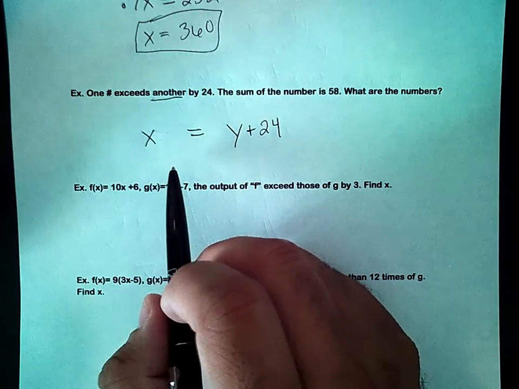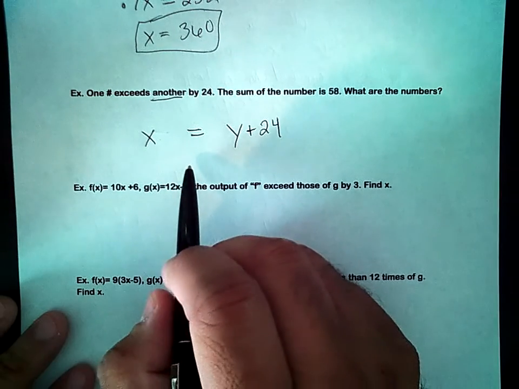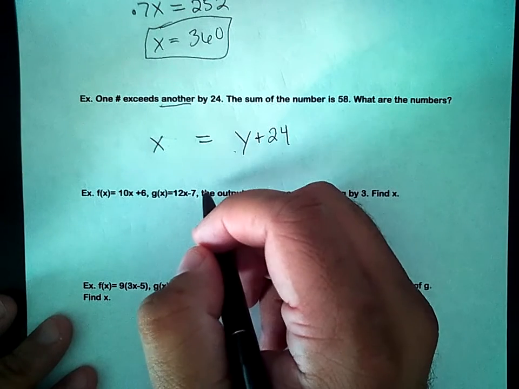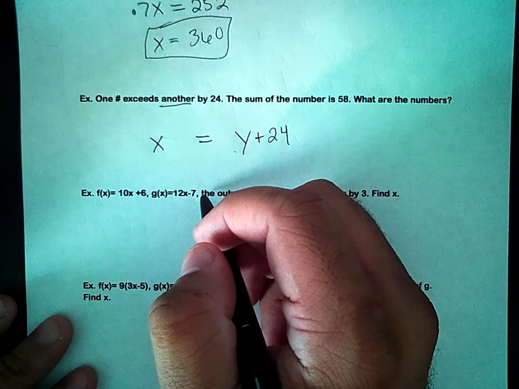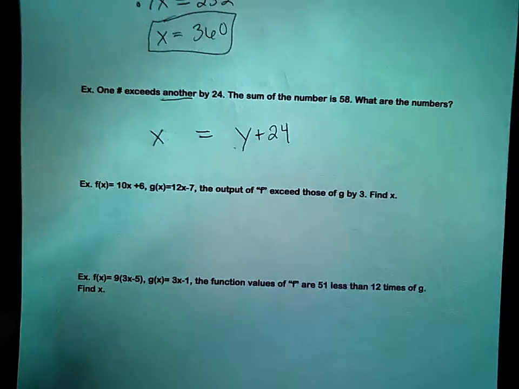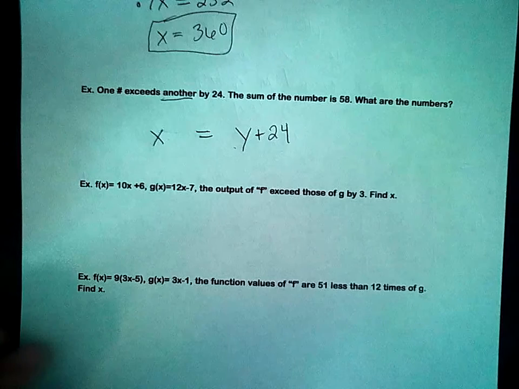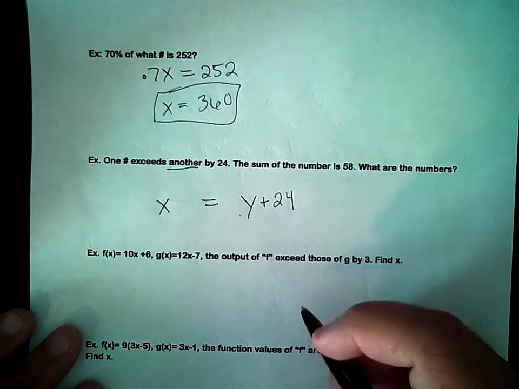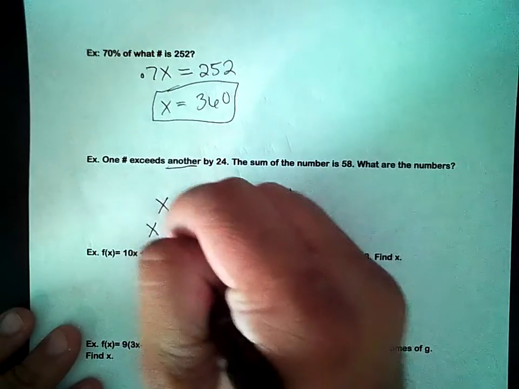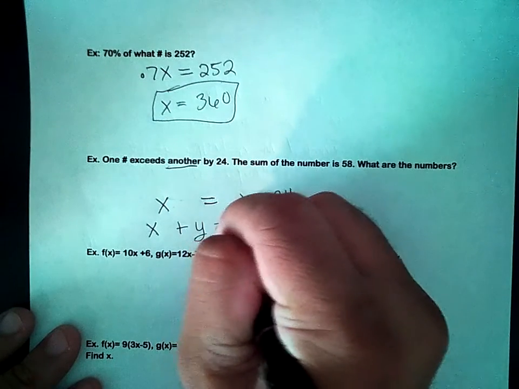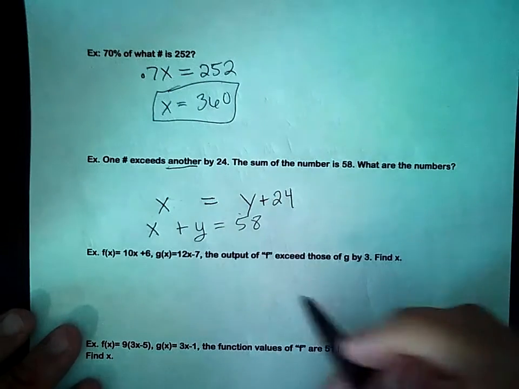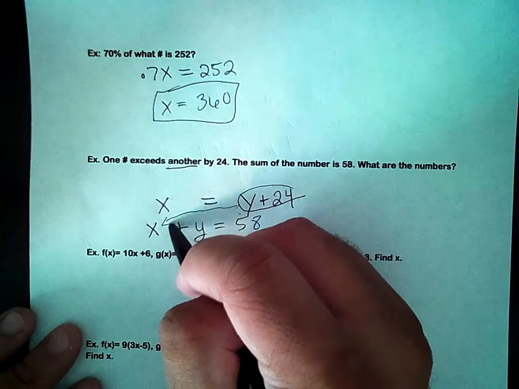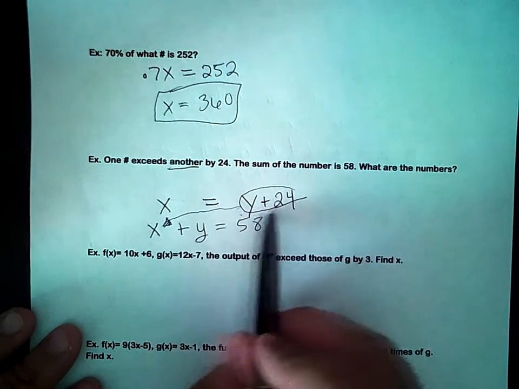Now we'll take a look at the next sentence here. It says, if you add these two numbers together, the sum of the numbers is 58. So I say x plus y equals 58, because we said x is equal to this.